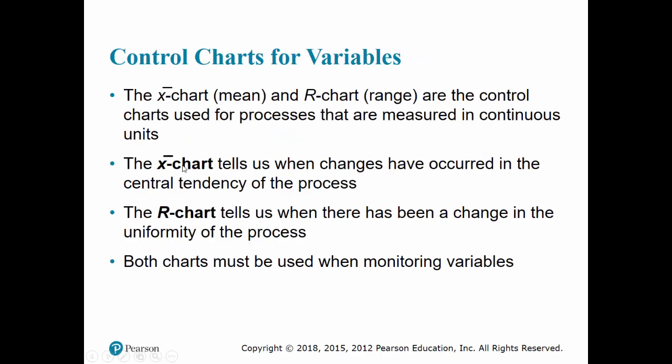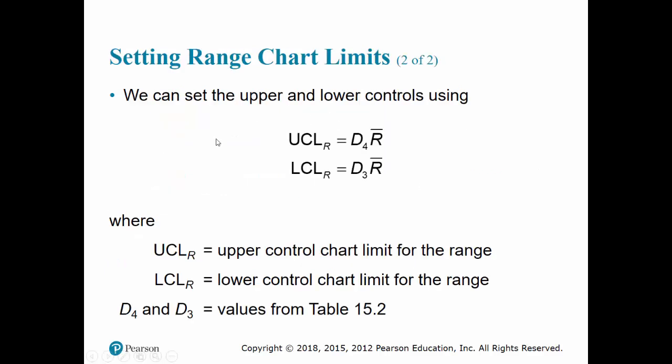We looked at the x bar chart using sigma over square root of n, which is not usually the common situation, or with A sub 2 times R bar. Then you have the R chart also that needs to be developed, and the factors D sub 3 and D sub 4 are used for that. Here is the formula. The upper control limit is D sub 4 times R bar. The lower control limit is D sub 3 times R bar.